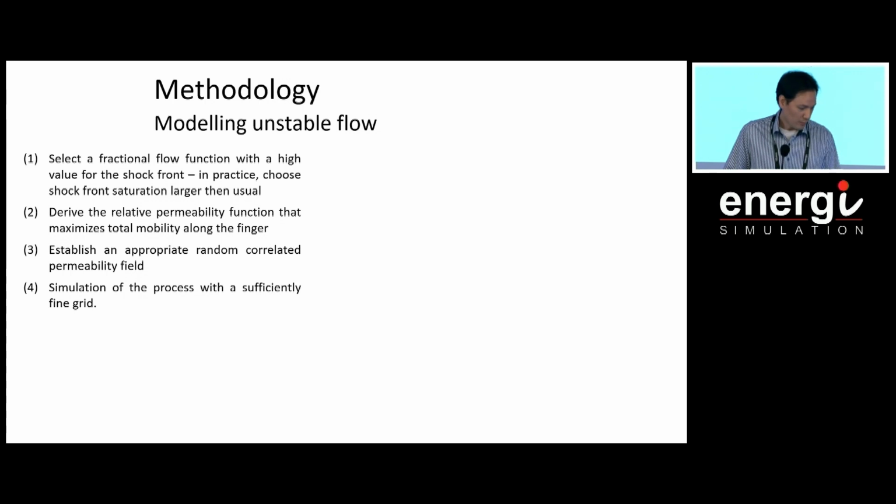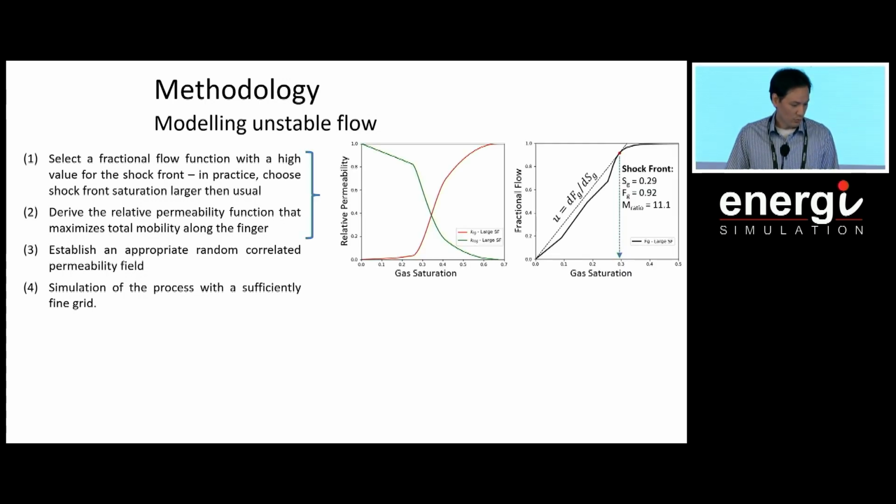The first part of the methodology, related to unstable flow, is a very brief summary of the methodology applied by Sorbie et al. The first 2 steps are to derive the rel perm for the gas-liquid curves.